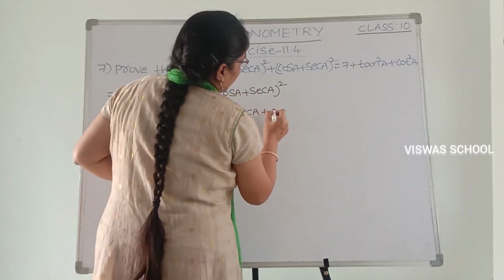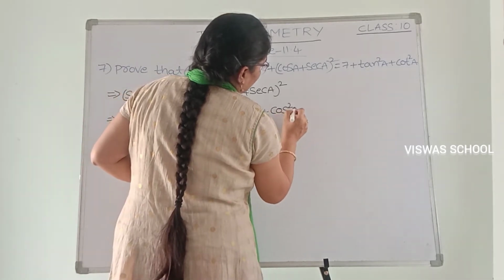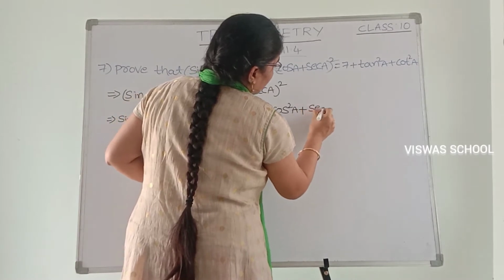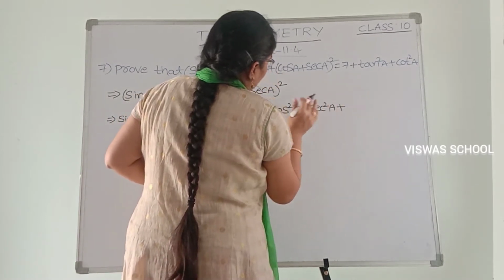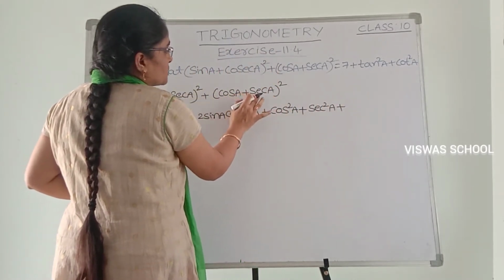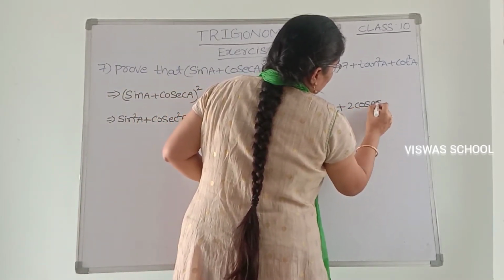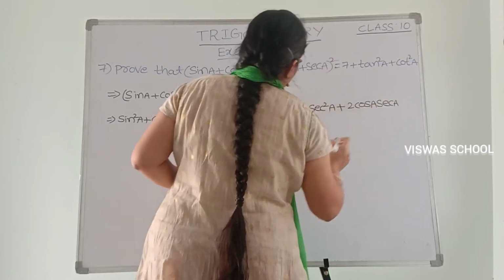That is A square, cos square A, plus B square, secant square A, plus 2AB, that is 2 into cos A into secant A.